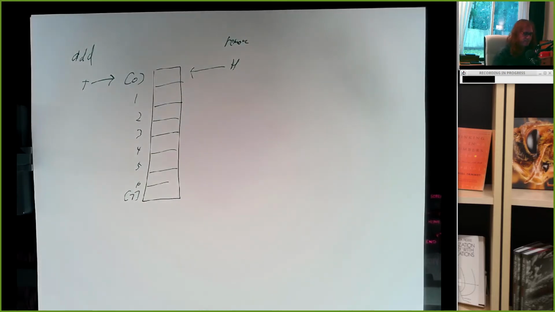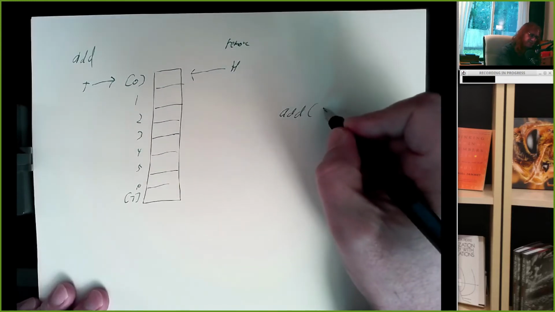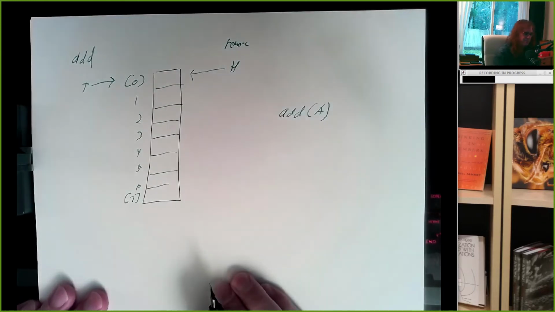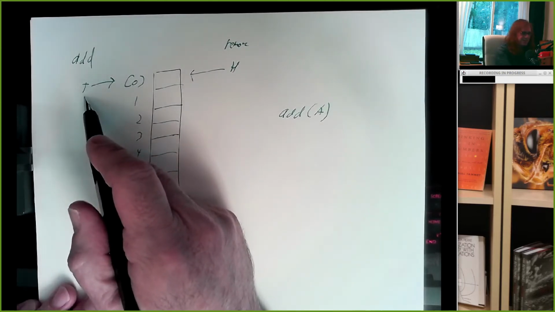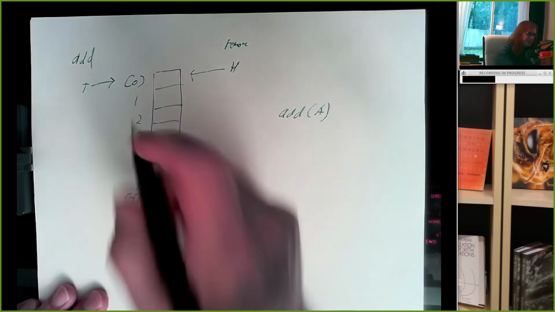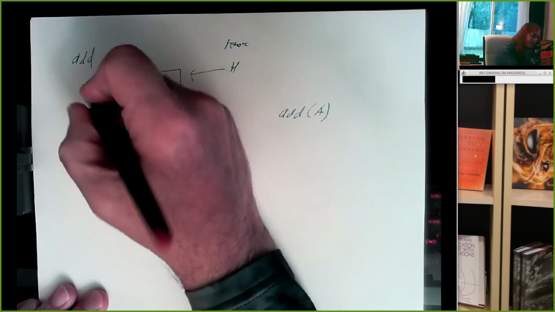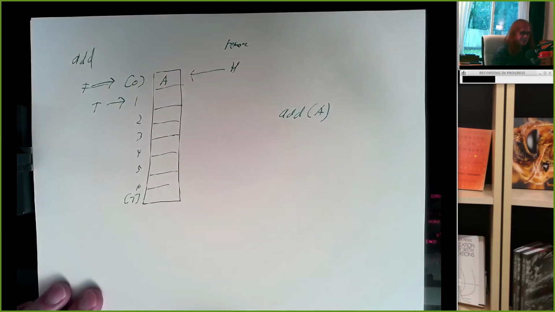And so let's say we want to add the letter A. So I'm going to use my tail, which is an index, to say, hey, the tail of the queue is at index 0. So I'm going to store the thing I'm adding right there. And then I'm going to bump up the tail to point to the next spot where I would add something.